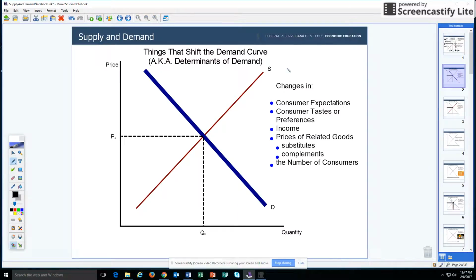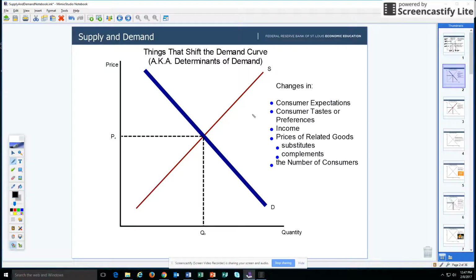Things that shift the demand curve. These are things that affect the consumer. So consumer expectations: how did we expect the product to be? Did it meet our expectations? If you go to the dollar store and you buy a product and it breaks and you're super upset, you're like, I'm never buying that product ever again.